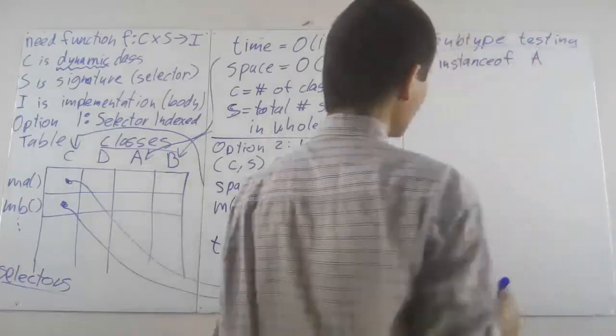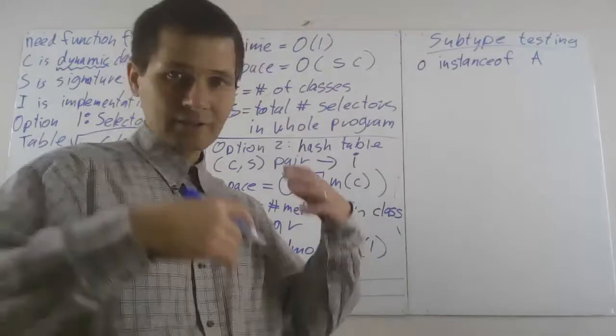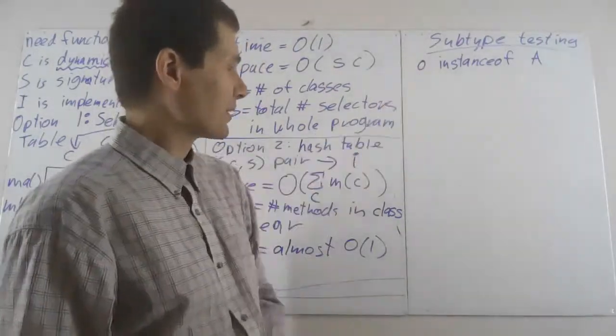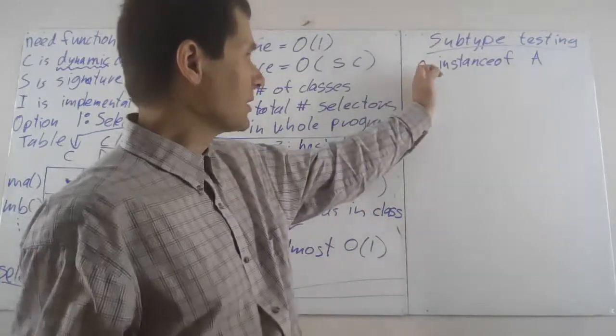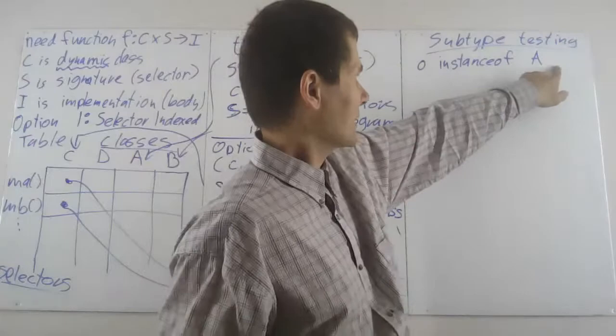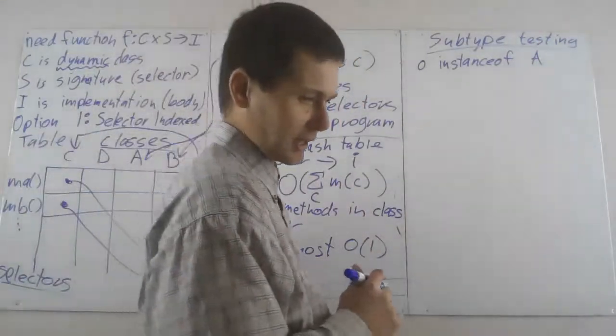So there was the instanceof test. You can write a Java expression that says, I have an object in this variable o, tell me whether its runtime class is a subclass of some specific class that I specify, A.